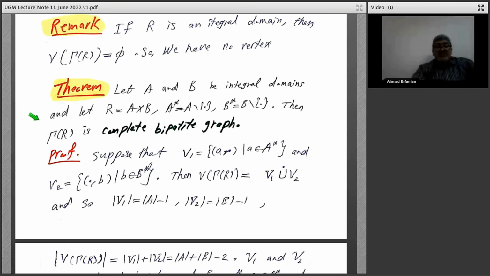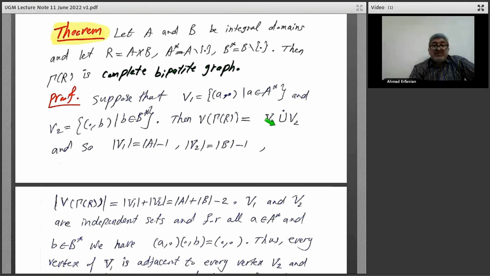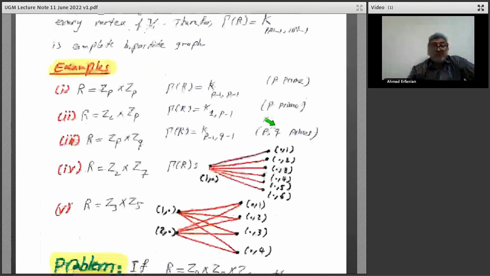Here are some results about the zero divisor graph. If A and B are two integral domains and R is the direct product or direct sum of A and B, then the graph is complete bipartite, right?